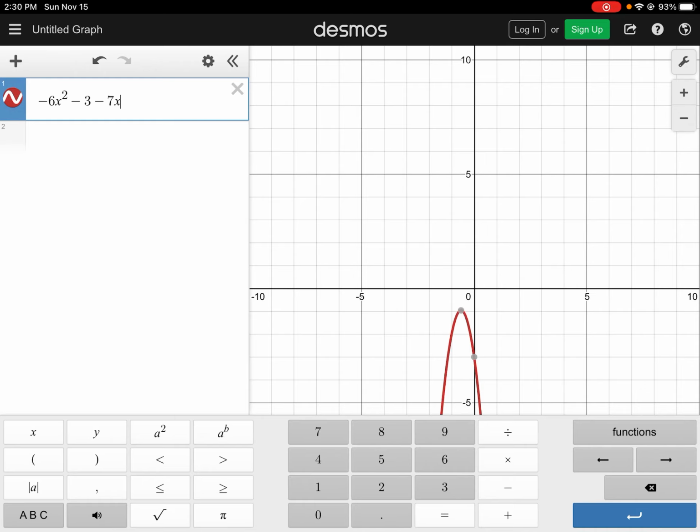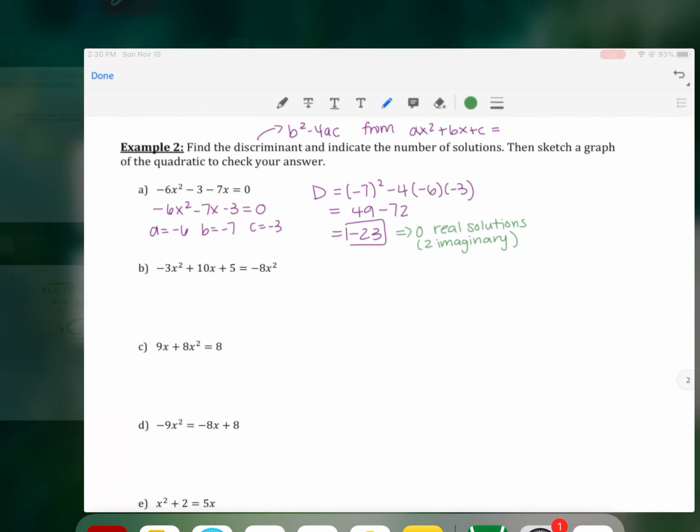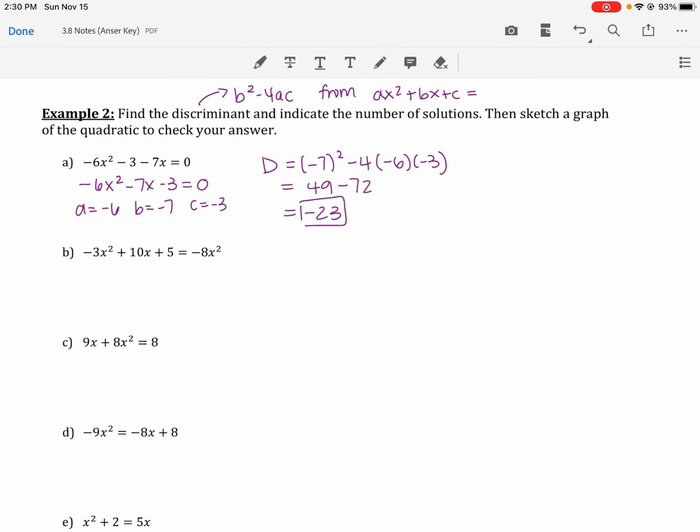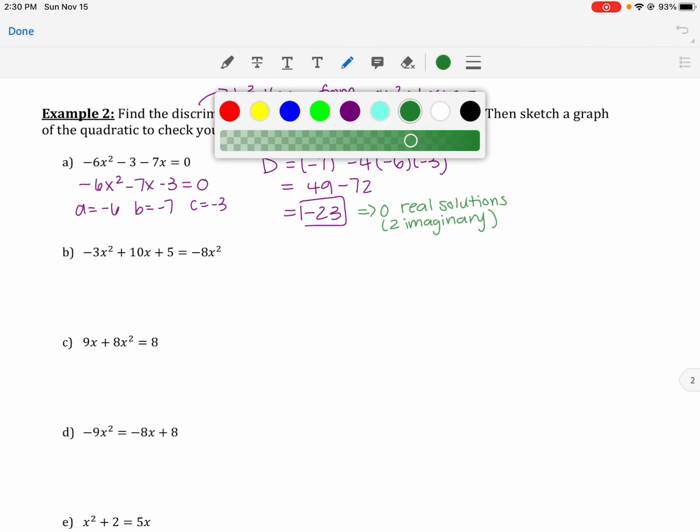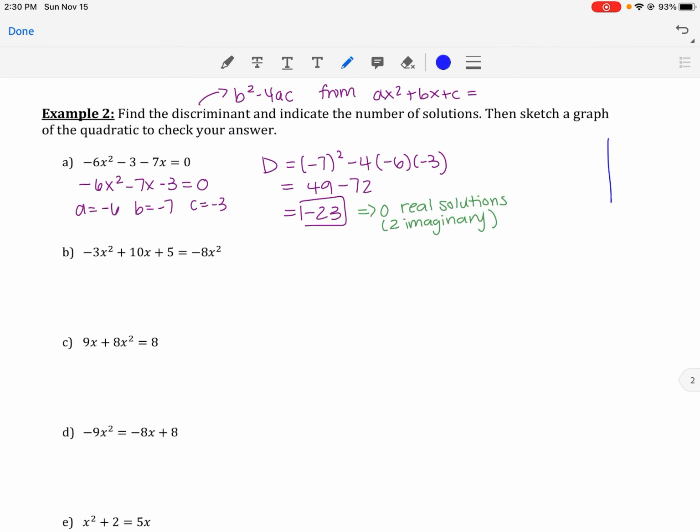Either way, you should get the same thing. But notice here your graph never crosses the x-axis, which makes sense because we said if it never crosses the x-axis, that's a good sign because it means that there's no solutions, no real ones at least. So that kind of checks what we've done. Okay, let's look at the next one.